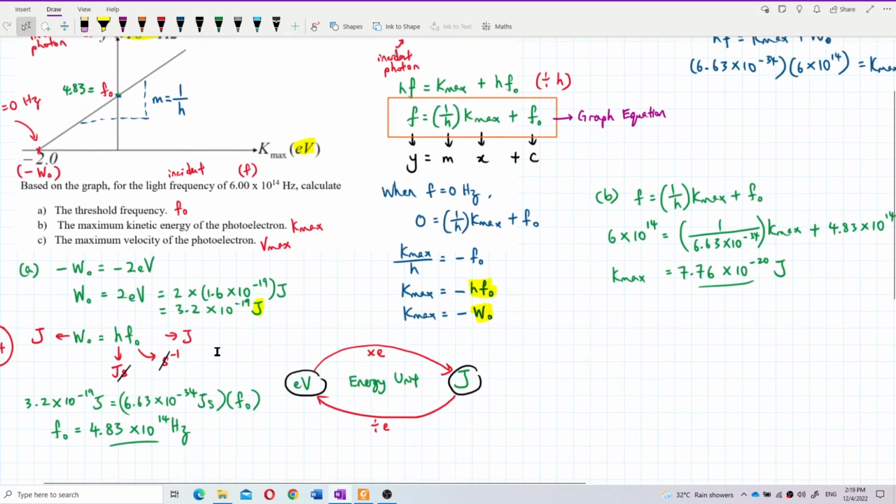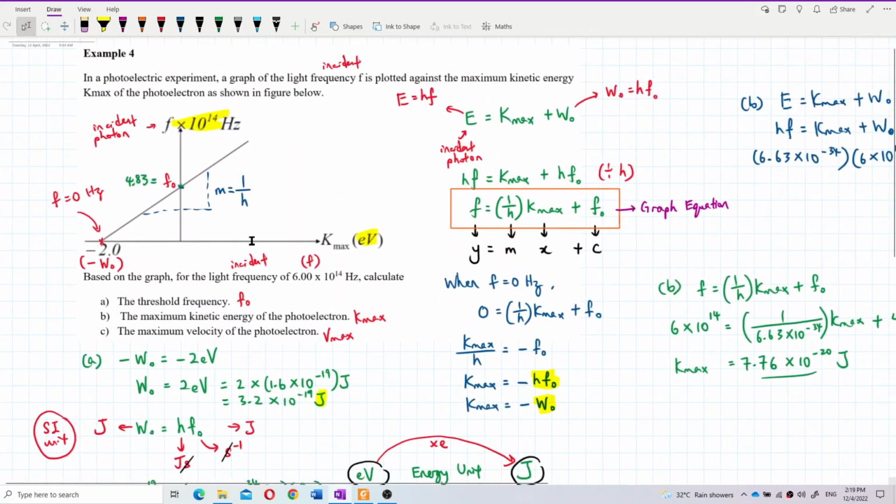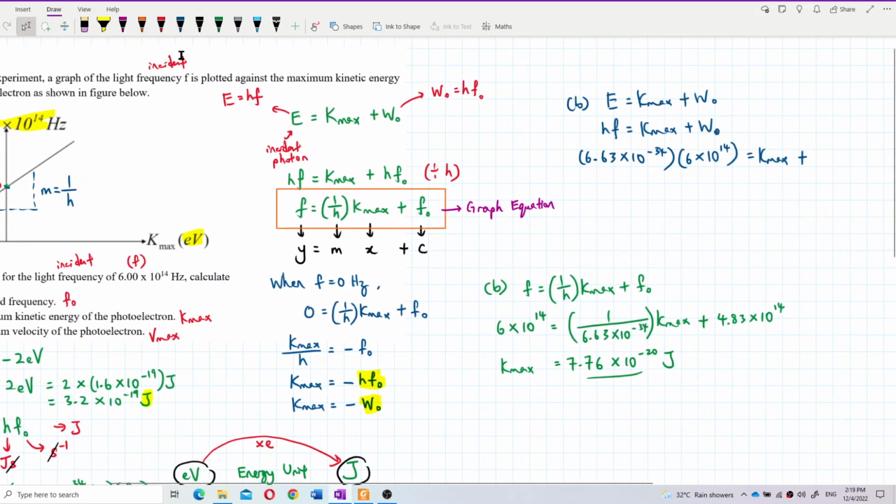The work function I got just now is 2 electron volt. However, you cannot put electron volt here because the units are all in joule. Understand? The hf here is already in joule, so the Kmax must be in joule. The work function also must be in joule. You cannot substitute electron volt into the equation.